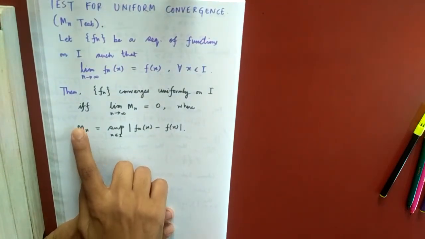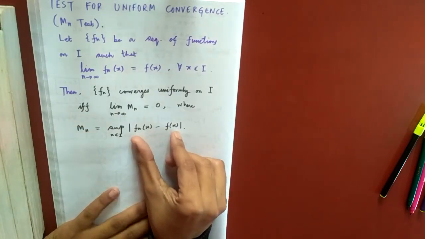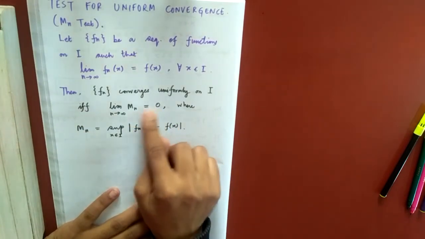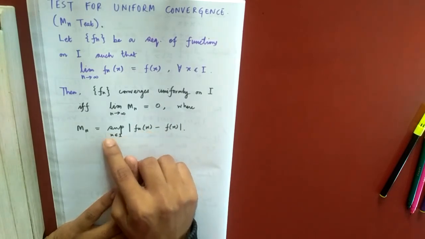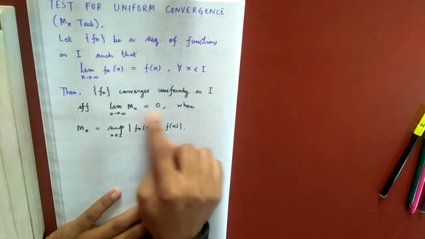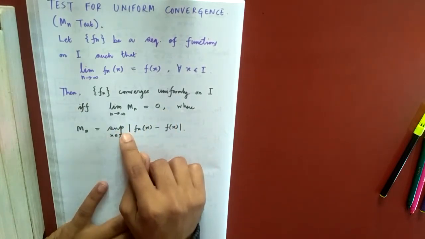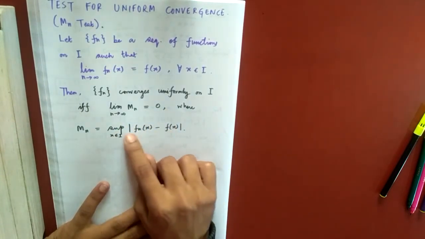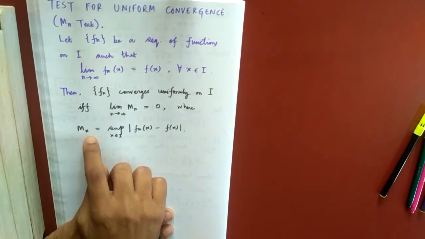So M will be a function of n. It will depend on n. You will take the supremum of these numbers. So you take whatever values of x you want and see the highest value here. The highest value will be independent of x, but will depend on n. This you call Mn.